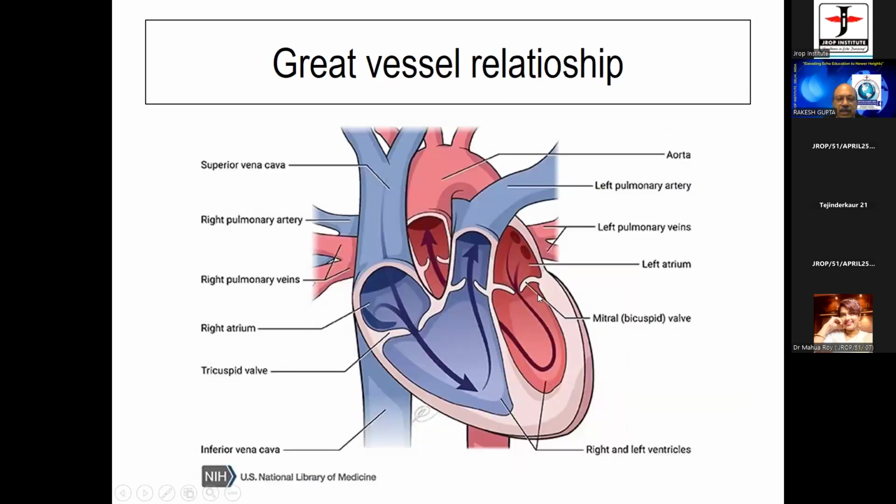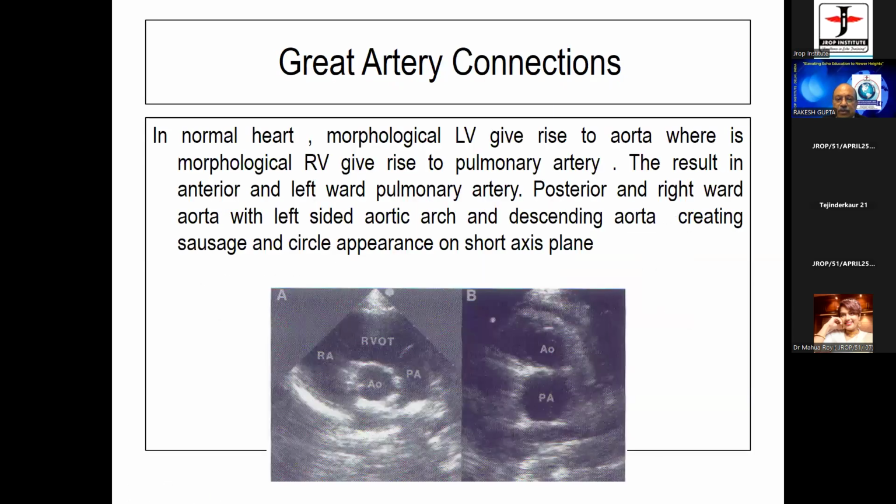Look at this picture: whenever we see RA, RV, the pulmonic artery wraps around the aorta and bifurcates. This is known as a cup and saucer shaped structure. Normal. And if you happen to see two parallel vessels lying close to each other, always think of TGV, transposition of great vessels.